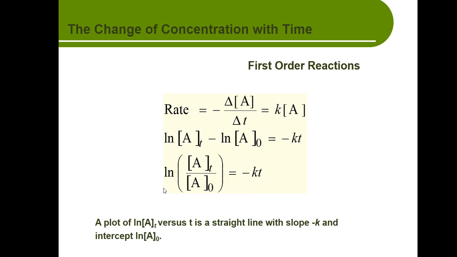If you transfer the negative ln of A0 to the right side, your equation will be converted to the form y = mx + b, where y is ln of At, m is negative k, x is t, and b is ln of A0. So that explains this line here, in which a plot of ln At versus t is a straight line with slope negative k and intercept ln of A0.